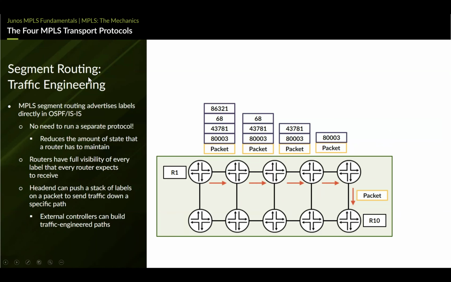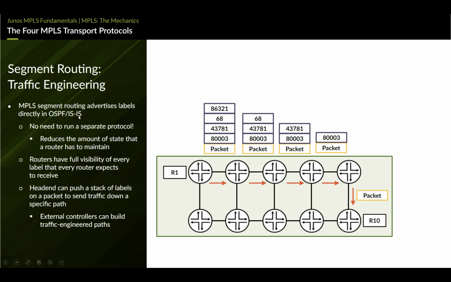And another one is segment routing. For traffic engineering, you can also use segment routing. No need for another routing protocol. You just extend OSPF and ISIS. Okay. MPLS segment routing advertises labels directly in OSPF or ISIS. No need to introduce LDP or RSVP. You just enable segment routing under OSPF or ISIS.